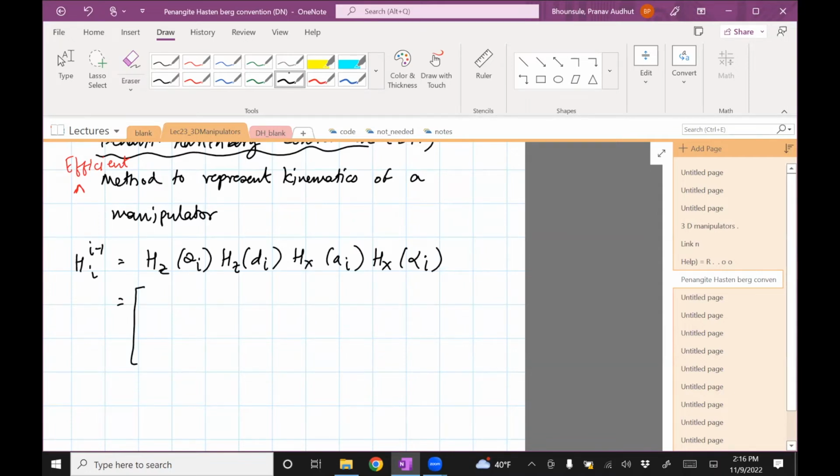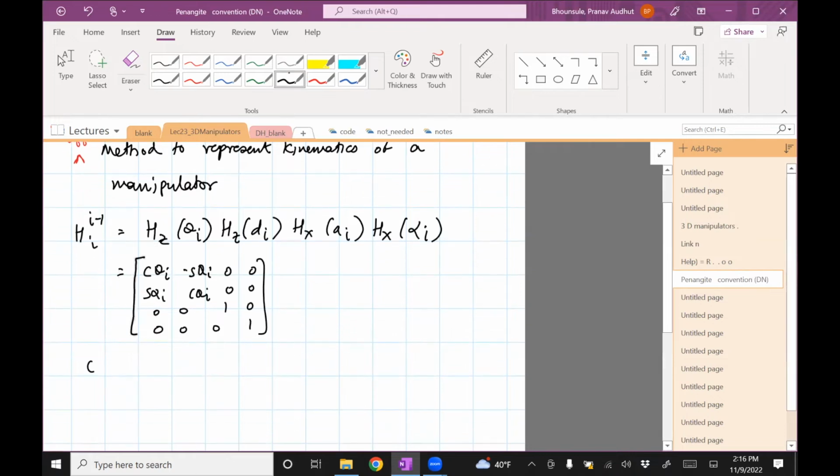Well, we've already seen what rotation about the z-axis would be. It would have a rotation matrix associated with theta i. I'm going to write a shorthand notation because I need a lot of room to write this, where c theta is cosine theta i, s theta is sine theta i.